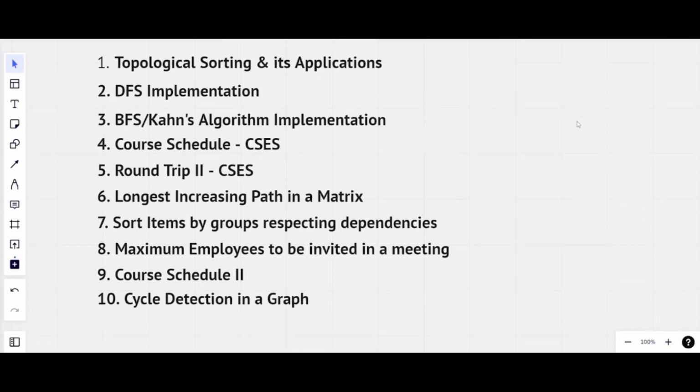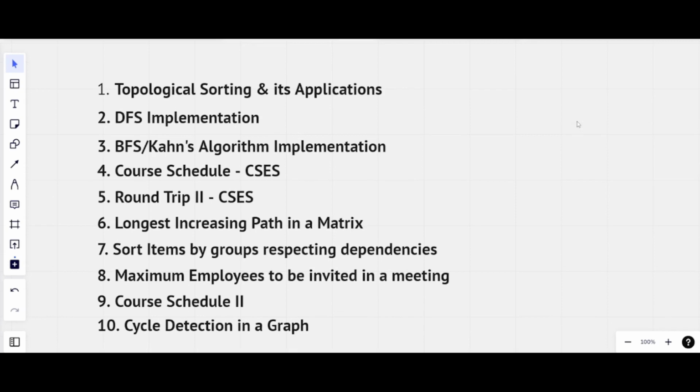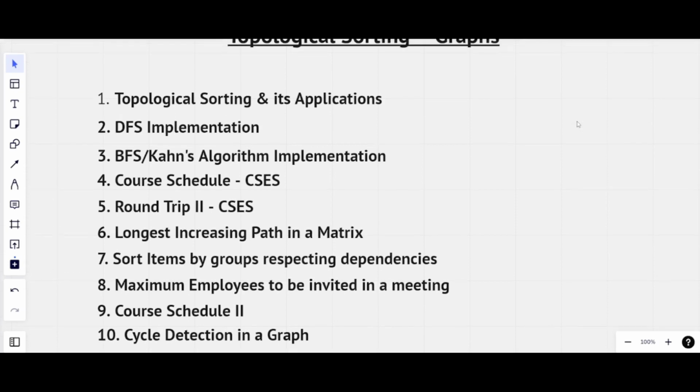Then I'll be discussing a few problems which I have selected from various online judges, and I found these problems to be really important, and the patterns in these problems occur repeatedly during contests as well as during interviews.